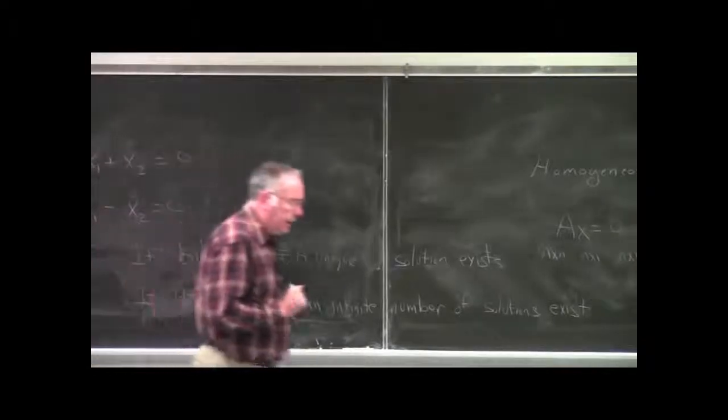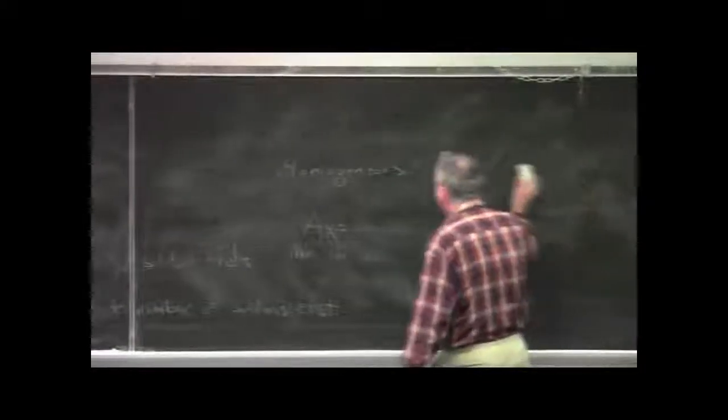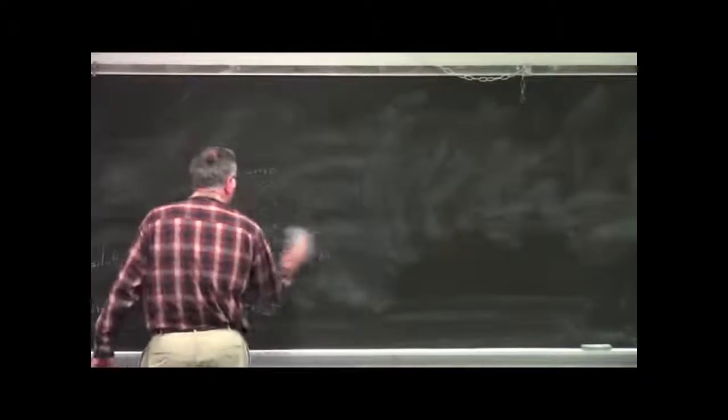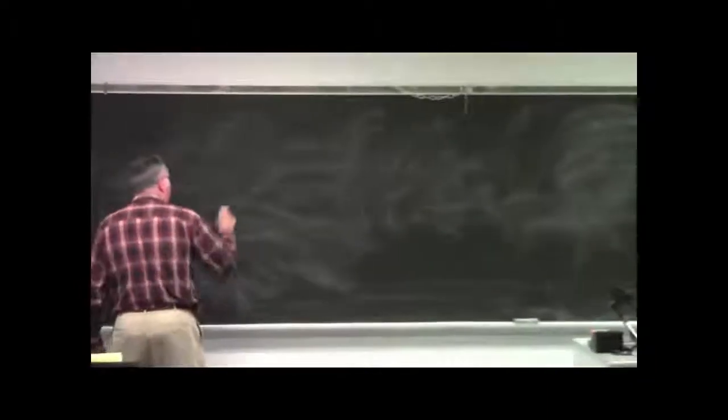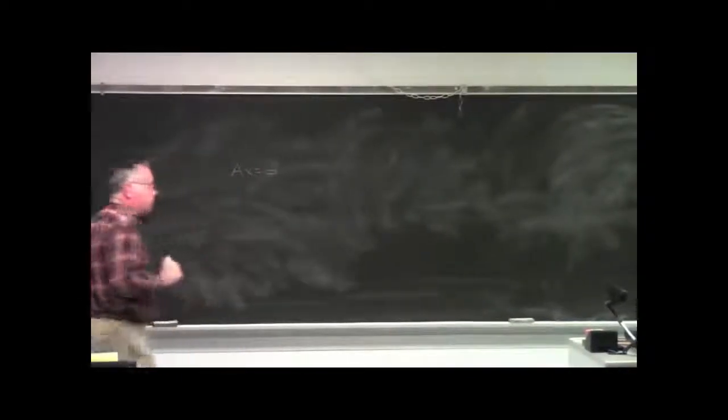See, in this determinant test, let's go back over this. This determinant test says the following. If you have an equation system like this, AX equals D now, where D is not necessarily 0. Could be 0, but it doesn't have to be.